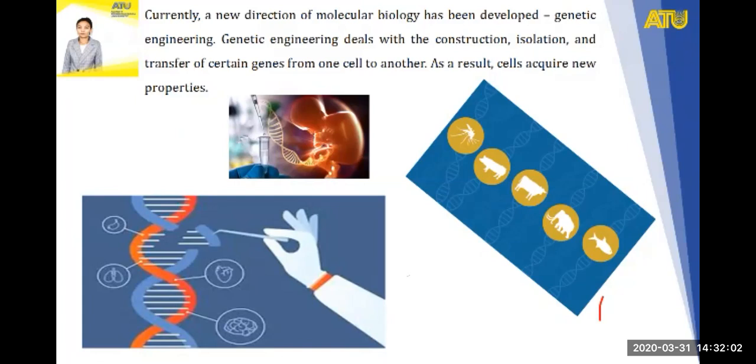And currently, a new direction of molecular biology has been developed: genetic engineering. Genetic engineering deals with the construction, installation, and transfer of certain genes from one cell to another. As a result, cells acquire new properties.